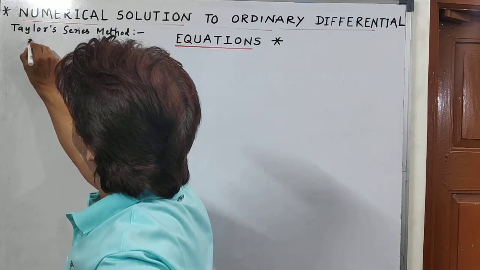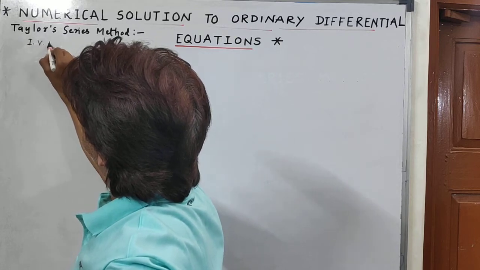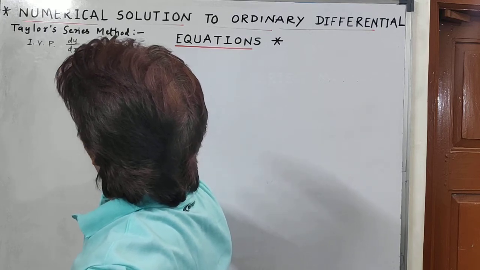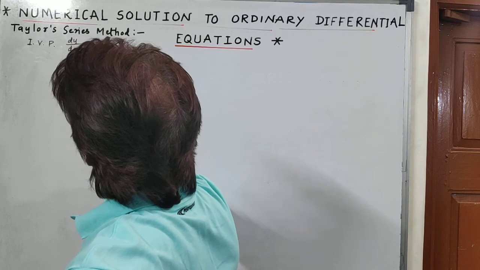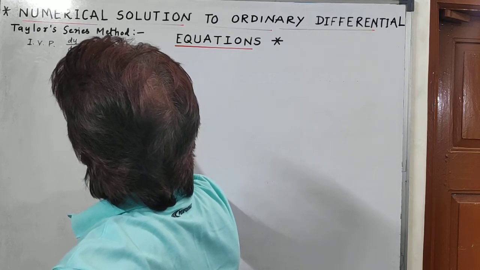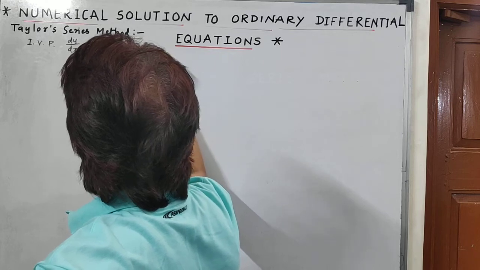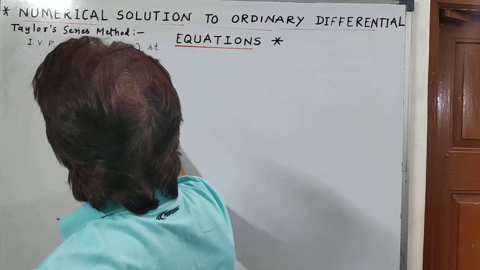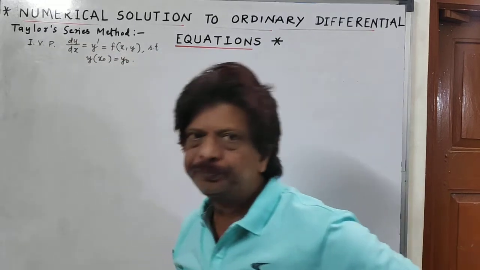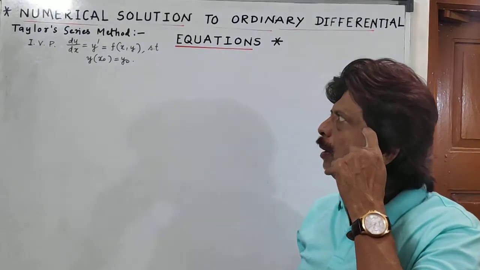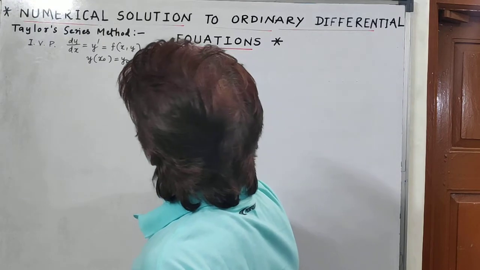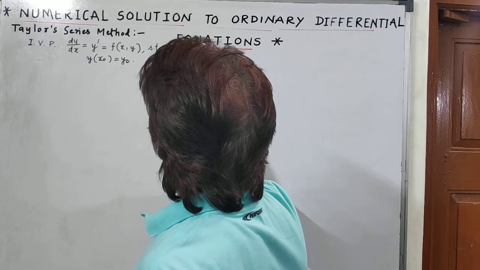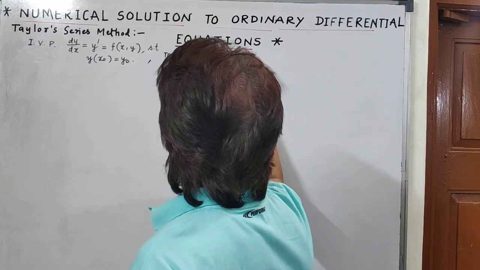The initial value problem is dy by dx, this derivative is also denoted by y prime, is equal to say f of x, y, subject to the initial condition y of x0 is equal to y0, and to determine y of x1.